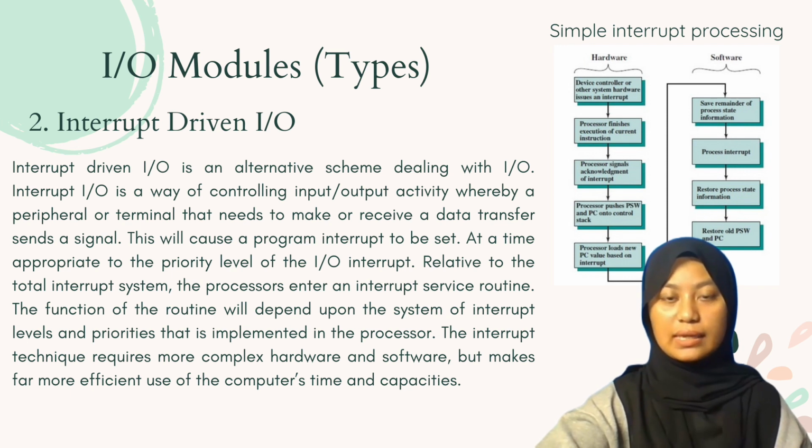The processor enter an interrupt service routine. The function of routine will depend upon the system of interrupt levels and priorities that is implemented in the processor. The interrupt technique require more complex hardware and software, but make far more efficient use of computers' time and capacities. And there's the pictures of simple interrupt processing.